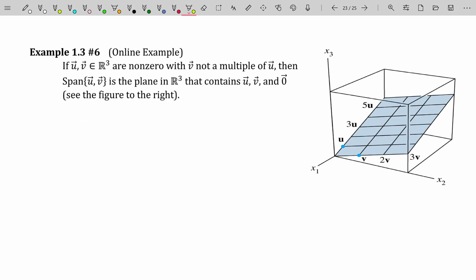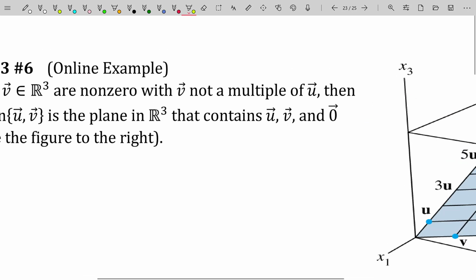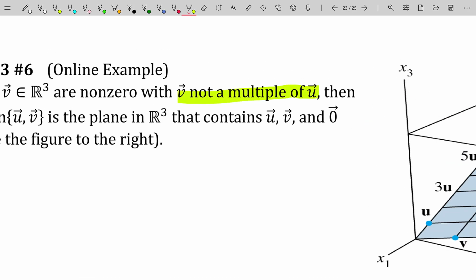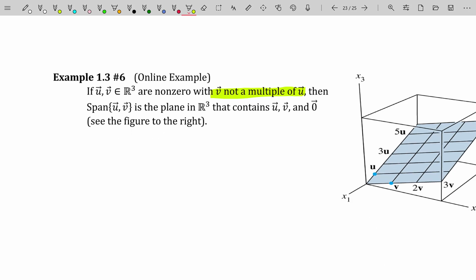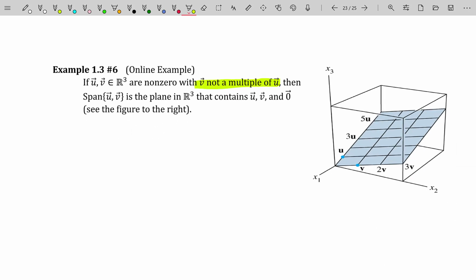On the other hand, if you're looking at a couple vectors in R cubed where they're not multiples of each other, that's kind of important, because if they're just multiples of each other, then the span of those two vectors is essentially just the scalar multiples of one of those vectors, because the other vector is already a scalar multiple. So as long as they're not multiples of each other, then the span of those two vectors is a plane in R cubed.